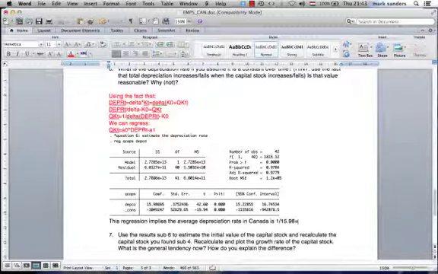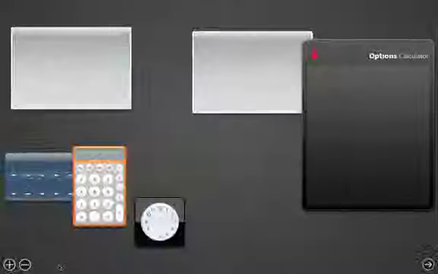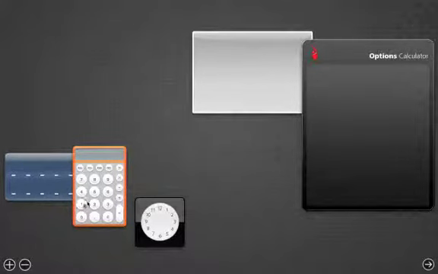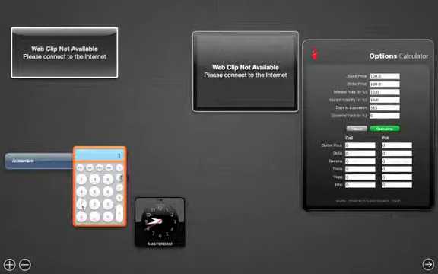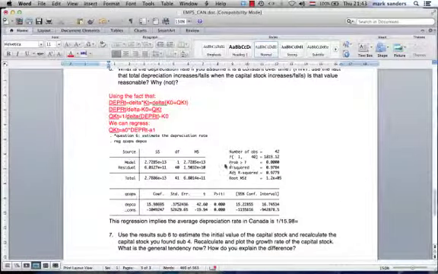Well, we need a calculator to do that. So 1 divided by 15.98. That gives you 6.2%.